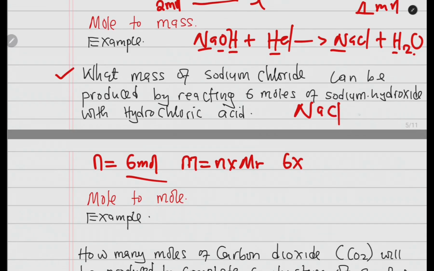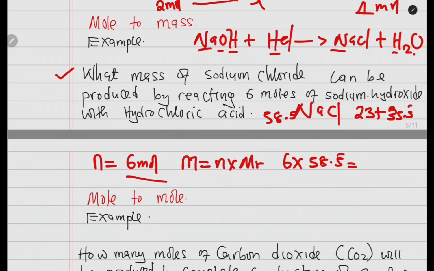We have sodium and chlorine. Sodium, you know that is 23, plus chlorine, which is 35.5. If you add these, you find 58.5. So multiply by 58.5. Whatever you find is the mass of sodium chloride.